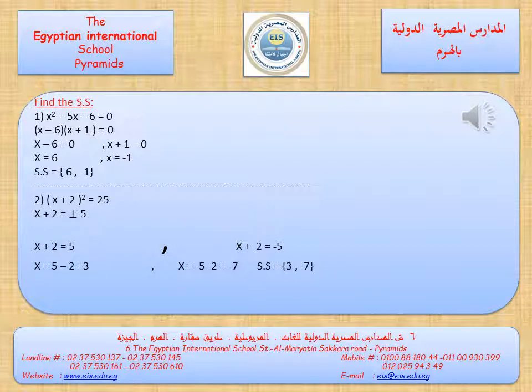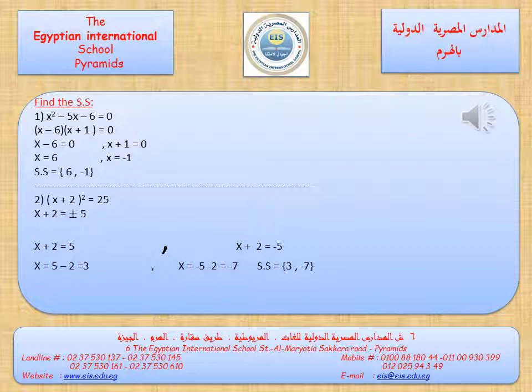What shall we do with 25? The square root of 25, as we solve this equation, we put as positive or negative 5. Take care. Positive or negative 5 because we solve the equation.